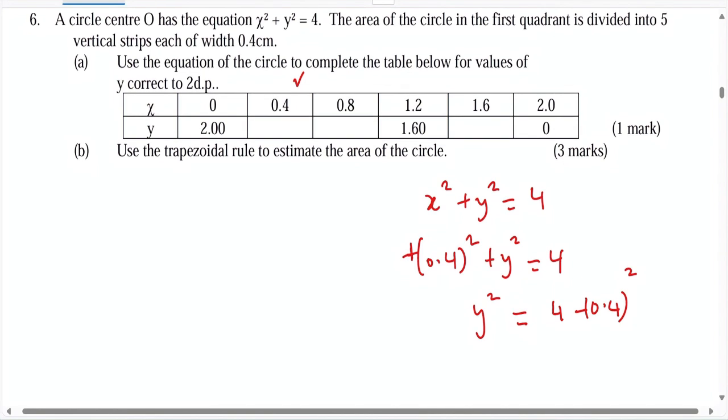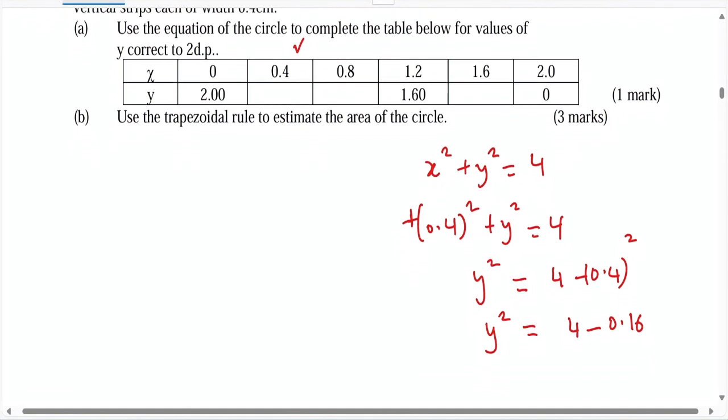So y squared is equal to 4 minus 0.16, since 0.4 squared is 0.16. 4 minus 0.16 is 3.84.